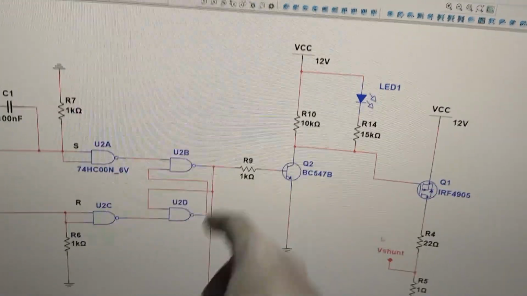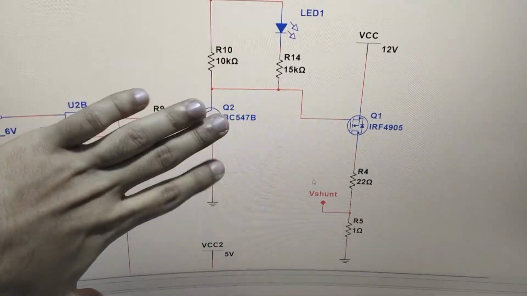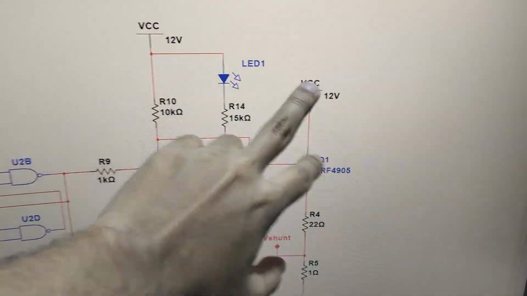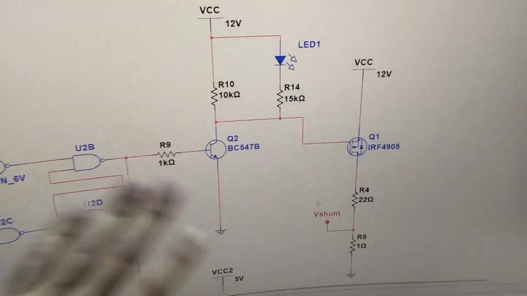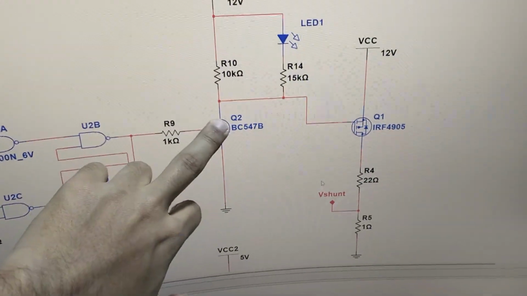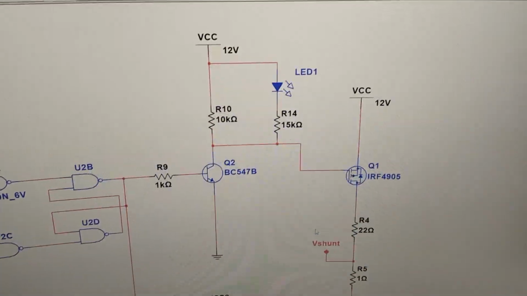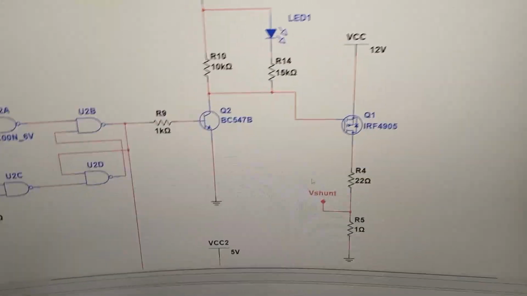We can't directly drive it from the SR latch. So in case this SR latch is off, the output would be pulled up, this is 12 volt, this is 12 volt, and the P channel MOSFET would be off. And in normal conditions this would be on, so our output would be 0, and that would create a VGS of around minus 12 volts, which would keep the P channel MOSFET on, and your current would be flowing.